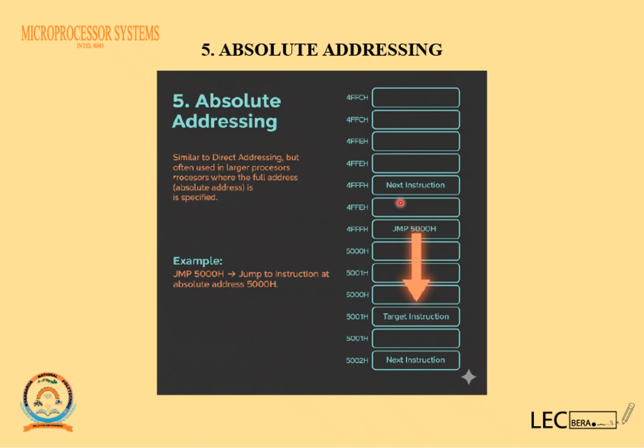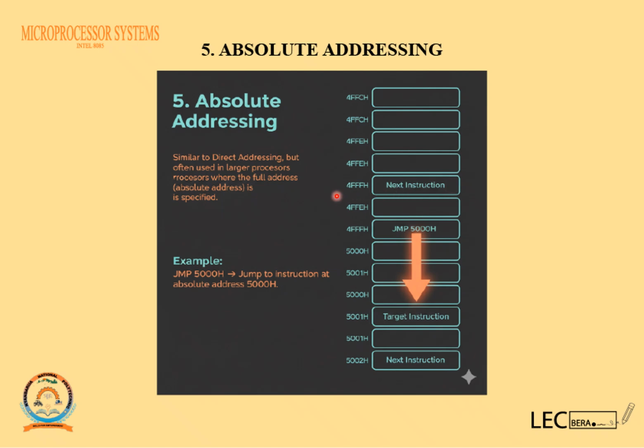For example, if this is the next instruction I was supposed to work on, remember that the address of the next instruction is held by a special register called the program counter, PC. The PC always holds the address of the next instruction.